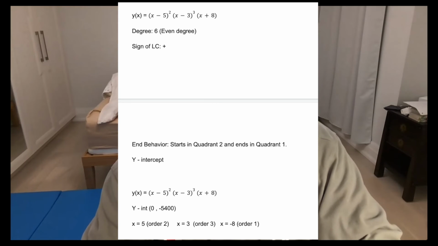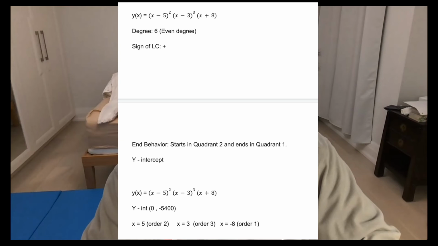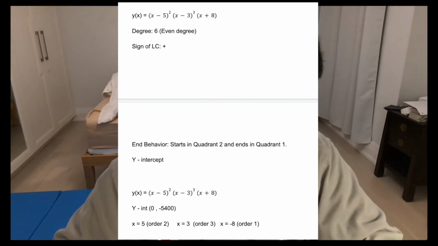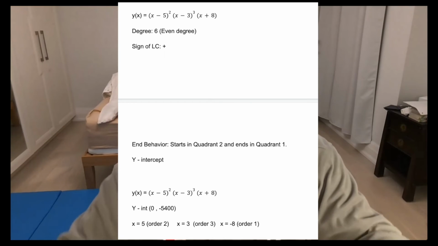And for our x-intercepts, we are just going to set the factors equal to 0. So x minus 5, that's x equals 5. x minus 3, that's x equals 3. And x plus 8, that's x equals negative 8.